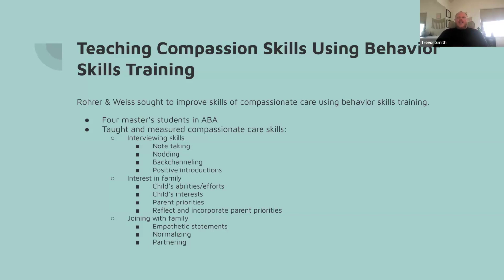So in the interest in family section, they looked at child's abilities and efforts. So are you identifying the abilities that the child already has? Are you making notes of those? Are you stating those to the family to let them know that you're seeing what they're already bringing? Identifying the child's interests.